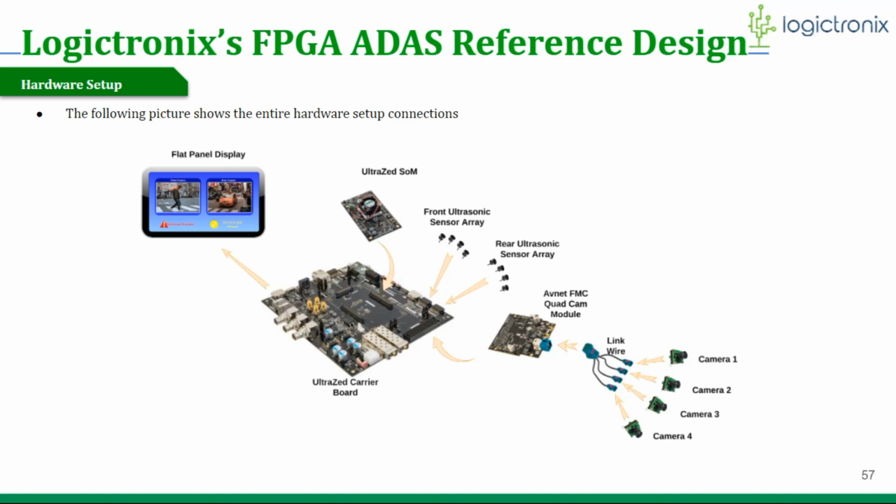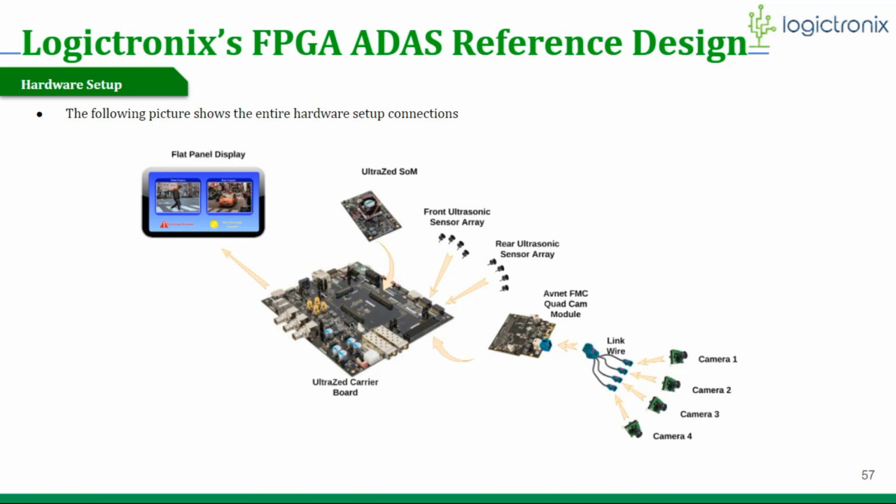Okay, the following picture shows the entire hardware setup connection. Here you see there are 4 cameras which are connected by coaxial cable to the Ethernet FMC quad cam module. It has deserializer ICs, and it has an FMC connector which will be connected to the UltraZed carrier board FMC connector head, and thus the camera streams will be sent to the programmable logic of this device.